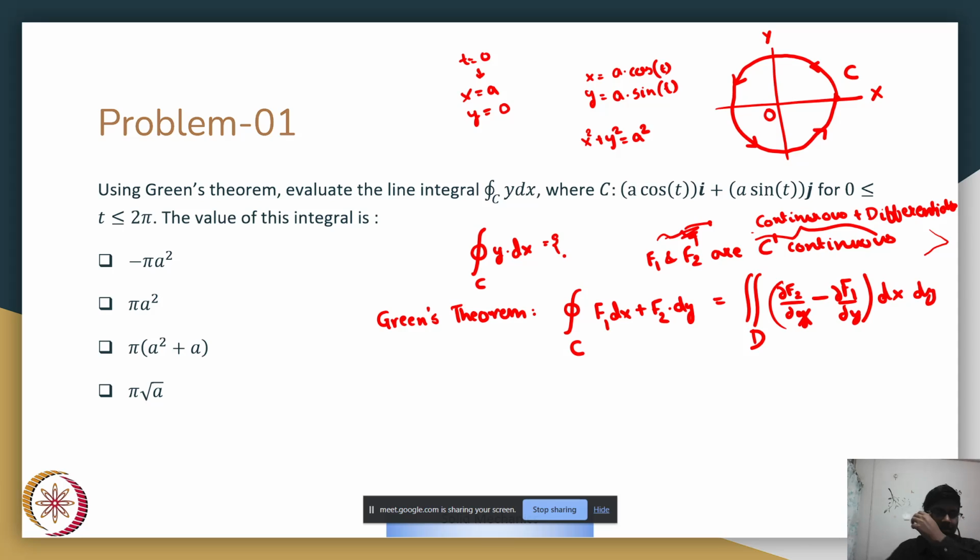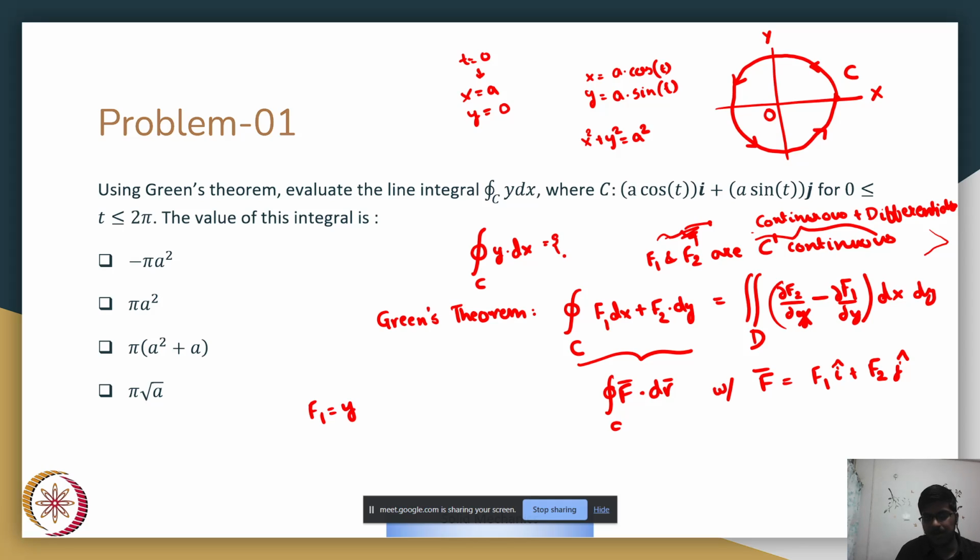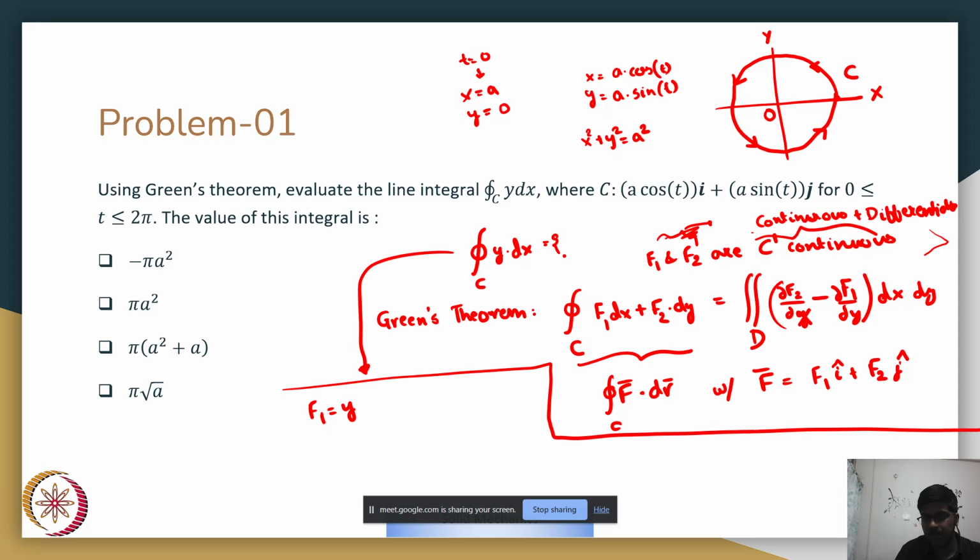Okay. This can again be rewritten as the circular integral of f dot dr, with vector f being the vector field given by f1 i hat plus f2 j hat. In this particular example, we have f1 equal to y and f2 equal to 0.